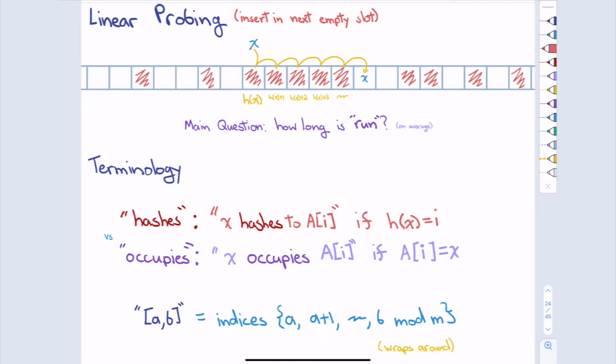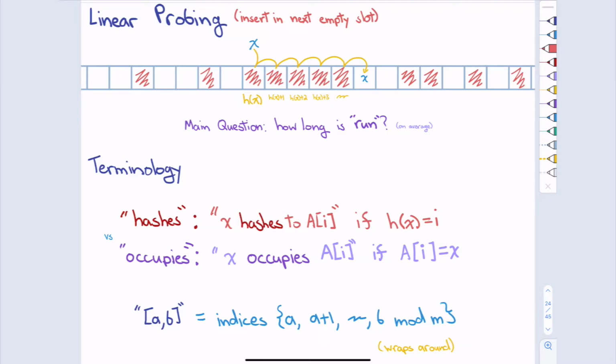And I'll say that x occupies A_i if x is actually in that cell A_i. But because of this funny data structure, just because x is hashed to A_i doesn't mean x occupies A_i. And just because x occupies A_i doesn't mean x was hashed to A_i. So I'll use those words in particular to try to keep these two things separated.